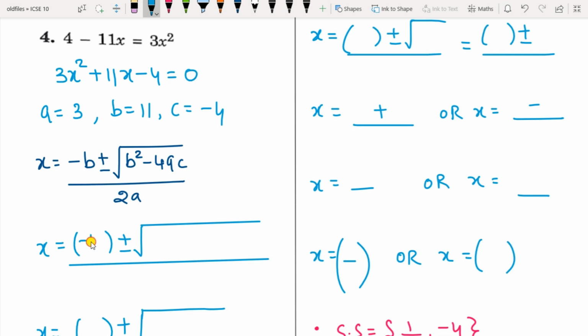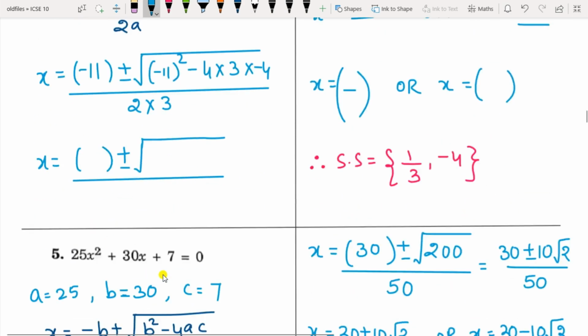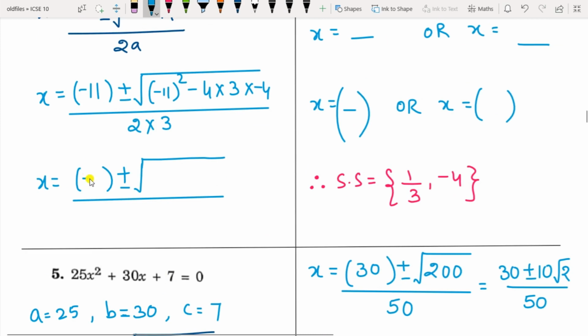So it is minus 11 square minus 4 into A is 3 into minus 4, the whole divided by 2 into A is 3 here. Okay, so this is minus 11. 11 square is 121. This is minus minus will become plus, and 12 fours are, that is 48.